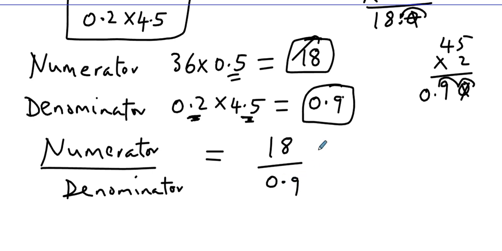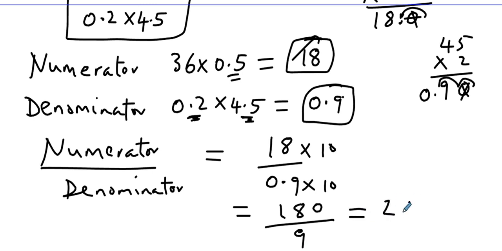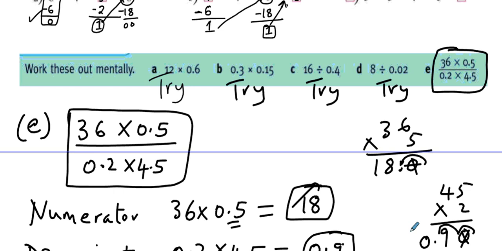Take out this decimal place. Multiply by 10 here, because there is one decimal place, also multiply by 10 there. 18 times 10 is 180. 0.9 times 10 is 9. Now what is 180 divided by 9? The answer is 20. See that? So over here, the answer is equal to 20.